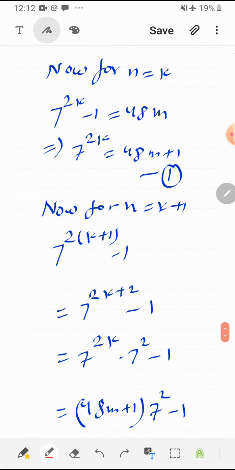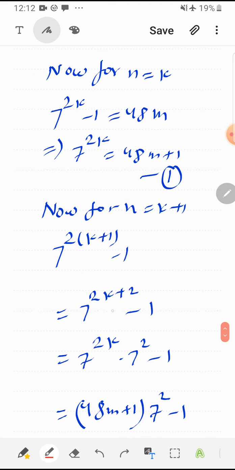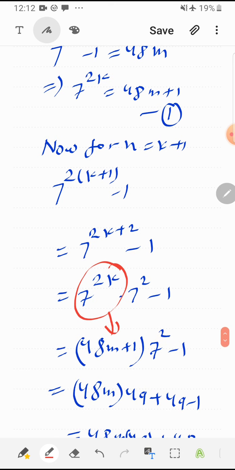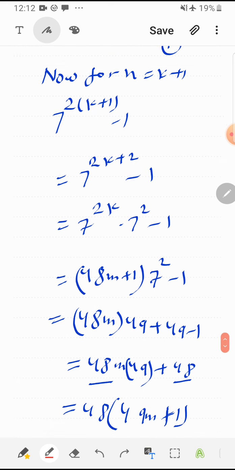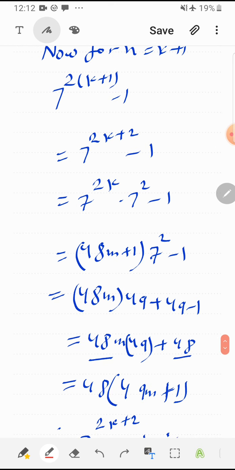After that I am splitting by the law of exponent. Now I am putting 7 raised to the power 2k here. So it is 48m plus 1 into 7 square minus 1. Now that thing which I was telling you, when you multiply 49 with 48, never actually multiply, but just write 48 into 49m, and 49 into 1 is 49, so 49 minus 1 is 48.